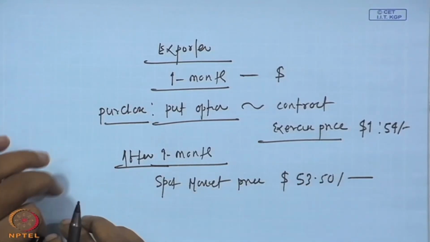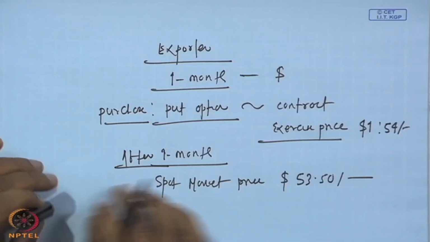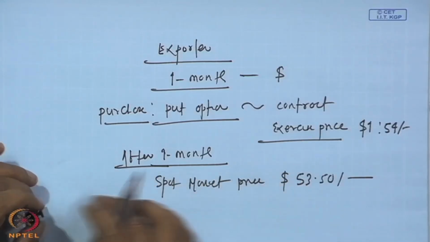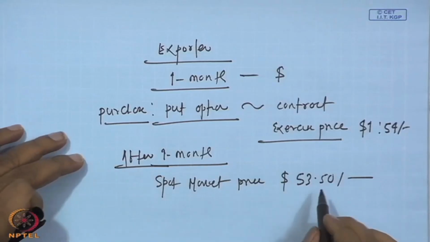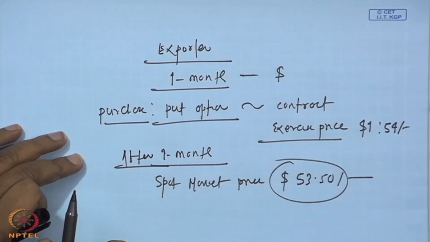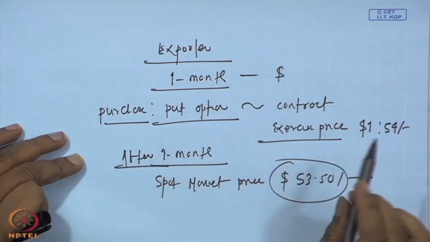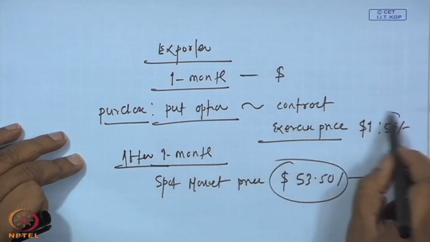Whether you will exercise the option depends on this. When I surrender the dollar in the spot market, I am getting 53 rupees 50 per dollar. But I have signed a contract with the option seller. I purchased a put option, so I can put my dollar to the option seller at 54 rupees.